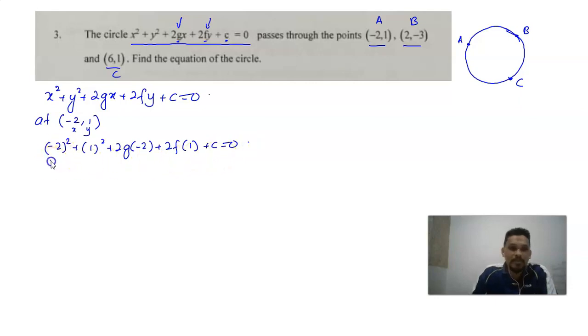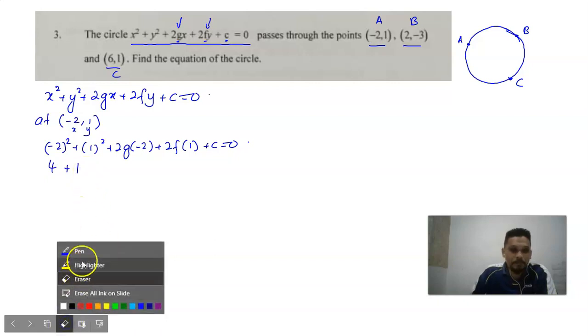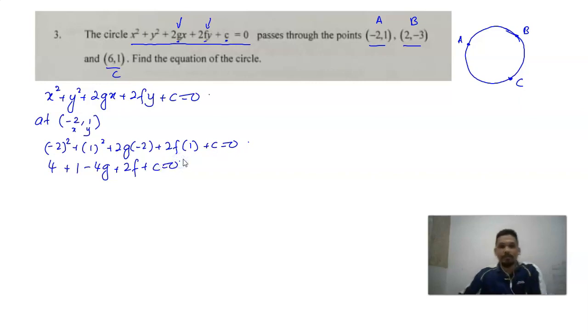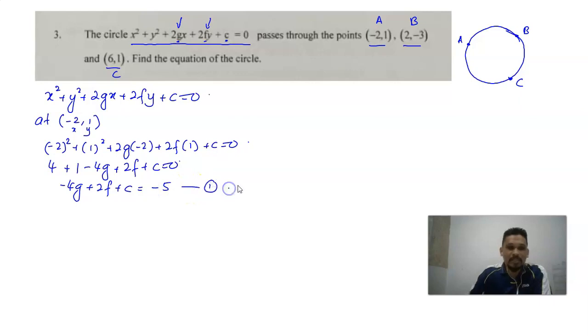So (-2) squared equals 4, plus 1 squared is 1, 2 times -2 gives -4g, 2 times 1 gives 2f, plus c equal to 0. So then -4g plus 2f plus c equal to 4 plus 1, which is 5. Moving to the other side becomes -5. Put this as equation 1.